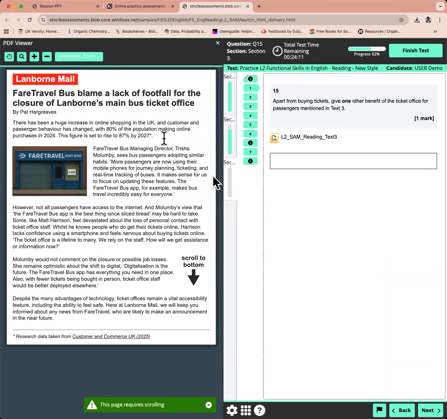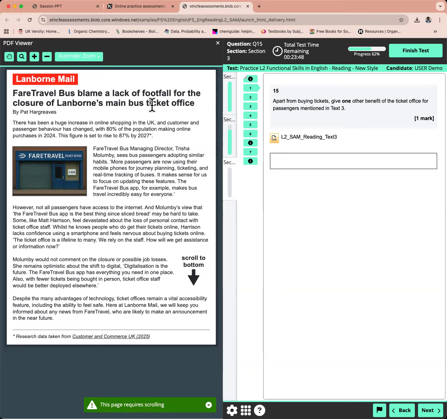So again, going into this is a third text. This seems to me to be a Landborn Mail, which is like a newspaper, and then there is an article which has been presented, where a journalist has written an article about bus fare travel: bus blame a lack of footfall for closure of Landborn's main bus ticket office.